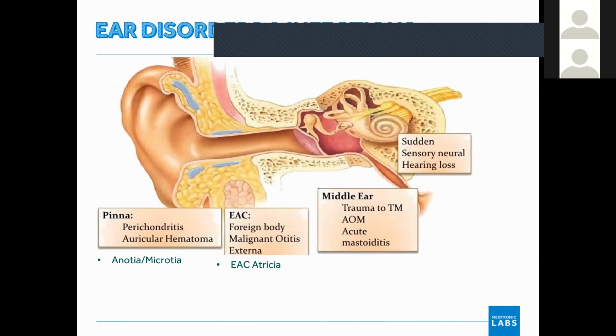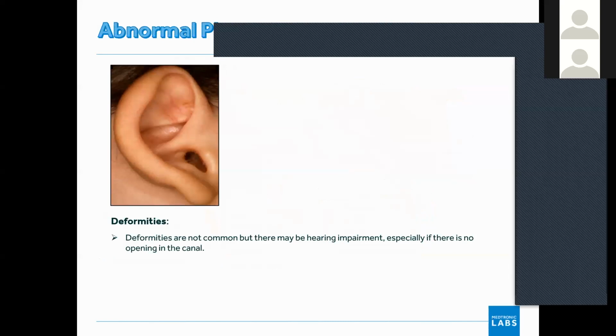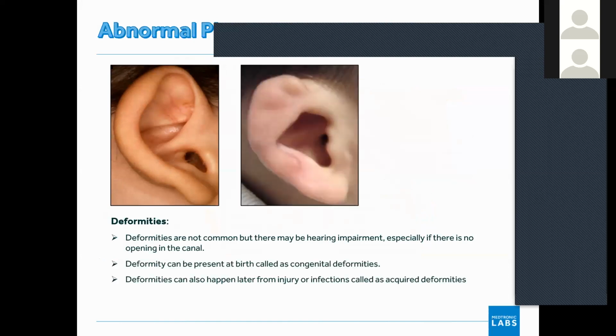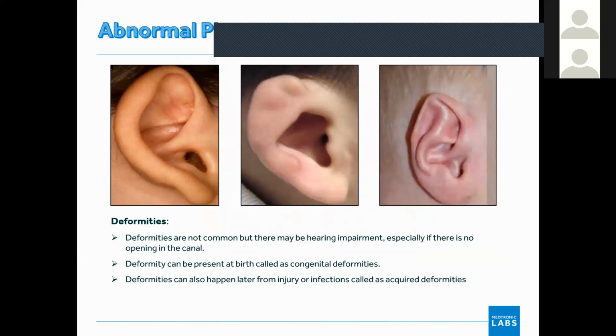So first one is again pinna. We have some abnormalities here. Each and every part has its own disorders. Now we are looking into pinna, and in pinna, the undeveloped pinna like this. I hope my screen is visible. This is undeveloped pinna.